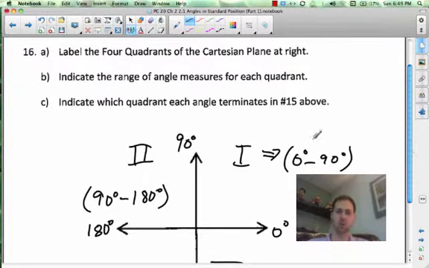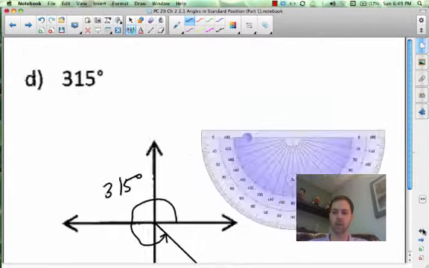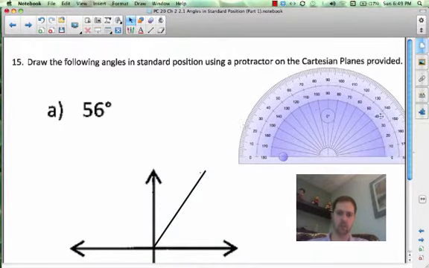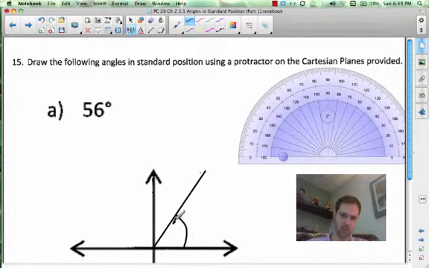Indicate which quadrant each angle terminates in number 15 above. So for that we have to go back a couple pages. So here, this was A, obviously 56 degrees, as we still have it indicated here, is found in quadrant 1. So the angle should be labeled like this. 56 degrees.